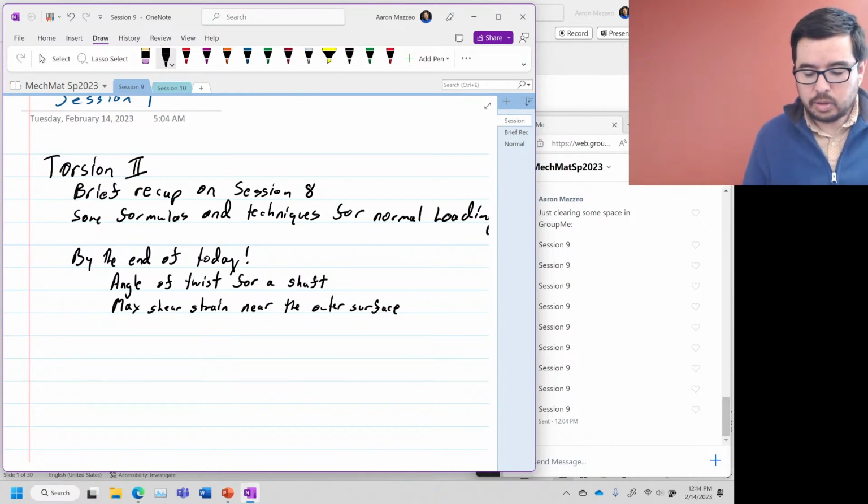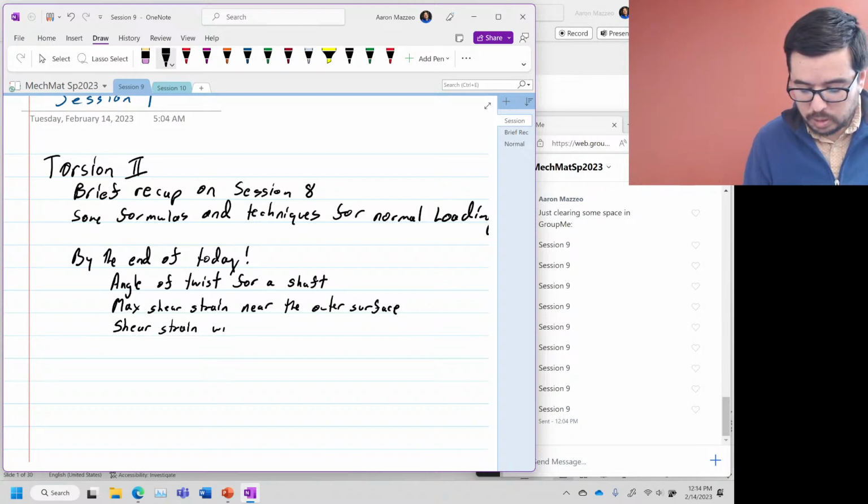We should also know something about shear strain within a twisting shaft.